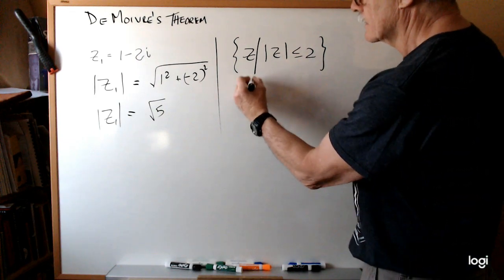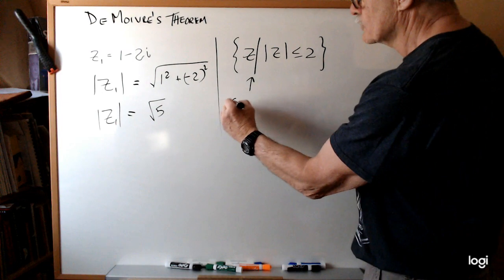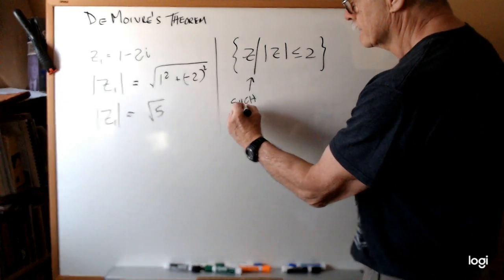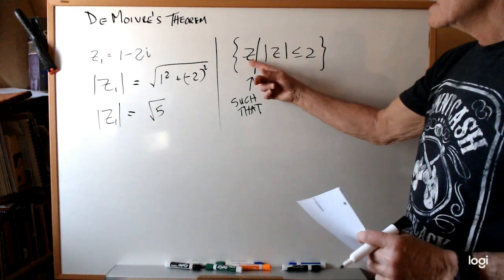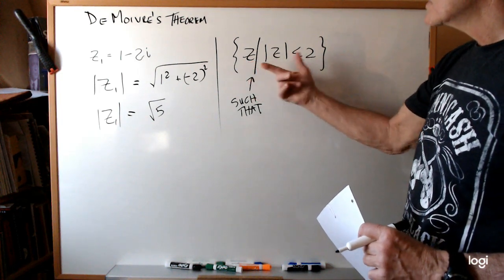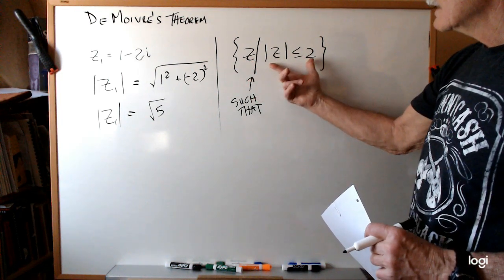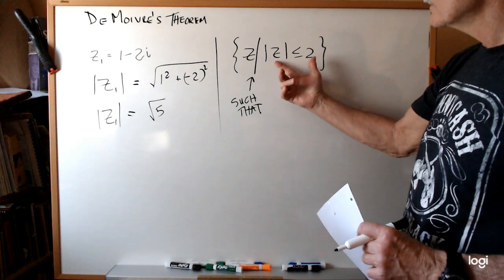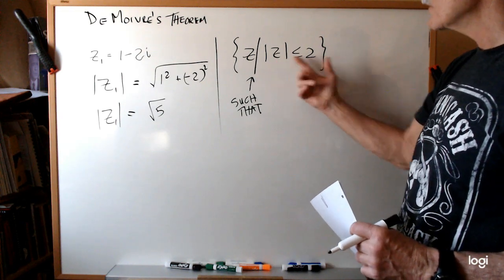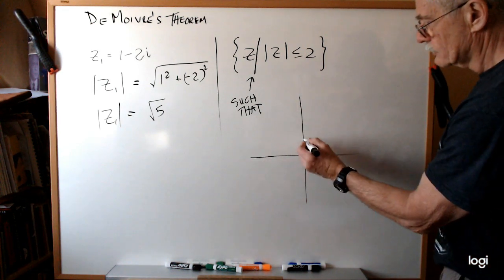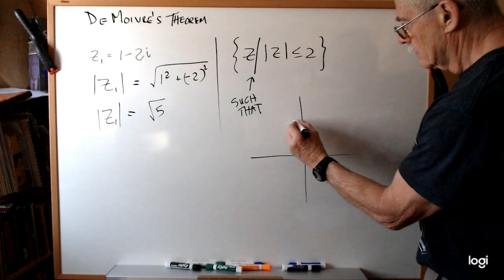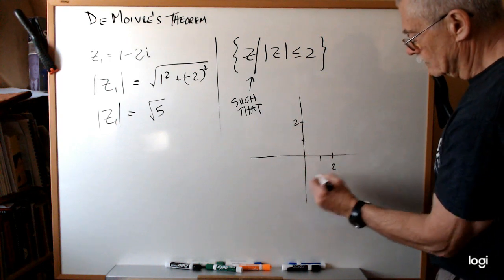This means such that. So in this case, we're asked to do a graph of all the complex numbers z such that the modulus, or actually the r value, is less than or equal to 2. So what that basically entails is we're making a sketch here.